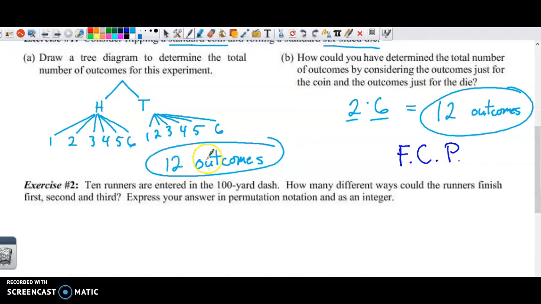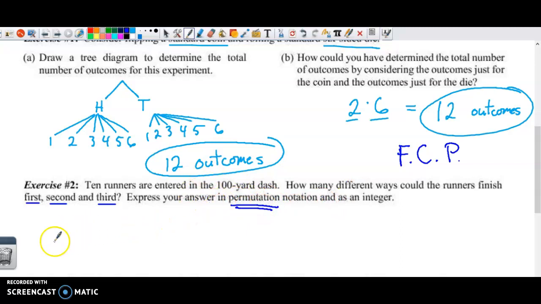So here's a problem where we have 10 runners entered into the 100-yard dash. How many different ways could the runners finish first, second, and third? So you could use the fundamental counting principle, but I want you to also understand the permutation.